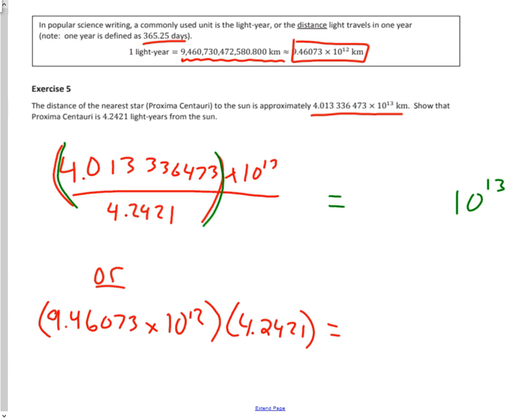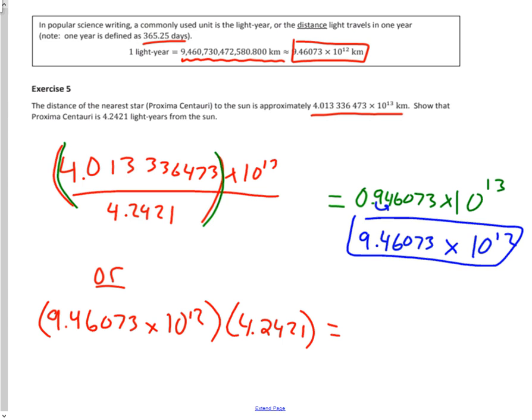If I divide 4.013336473 by 4.2421, you end up getting approximately 0.946073. But that's not exactly the same, and the reason is we just have to move the decimal over so it's between 1 and 10. So we get 9.46073, and that takes 1 away from our exponent. So it does work out that way.